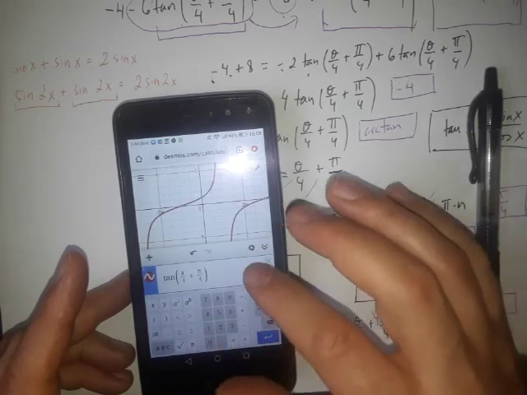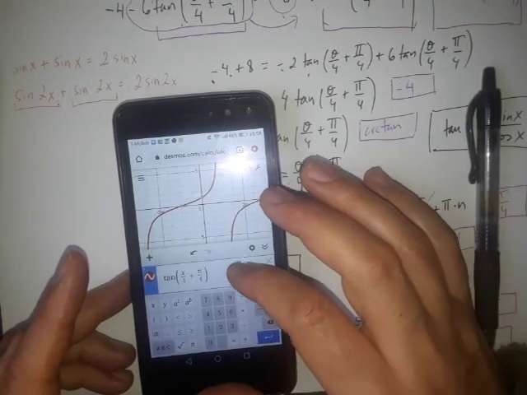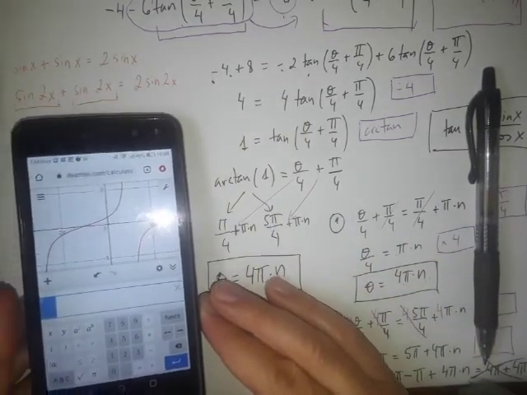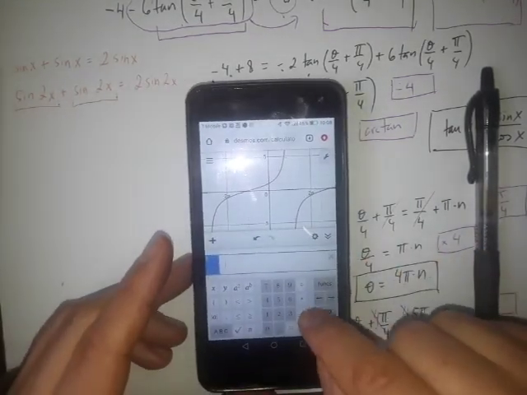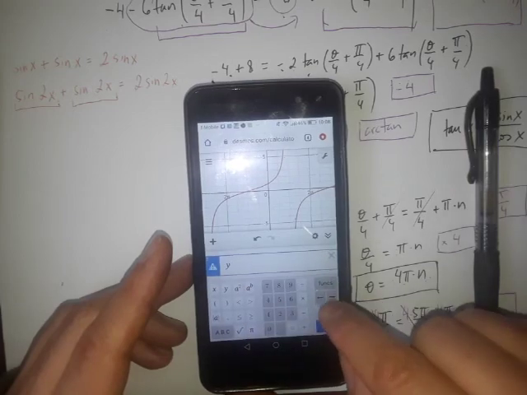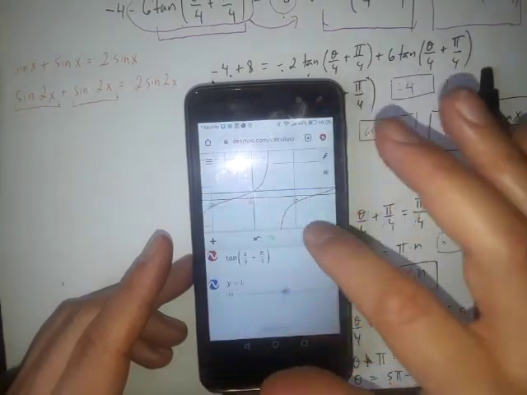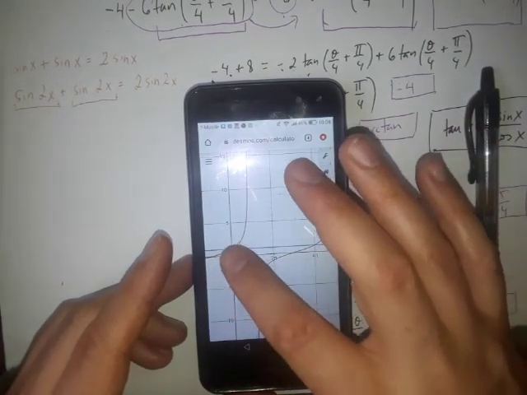That's on one side. On the other side, we have y equals 1. So let's see if that's what we get.